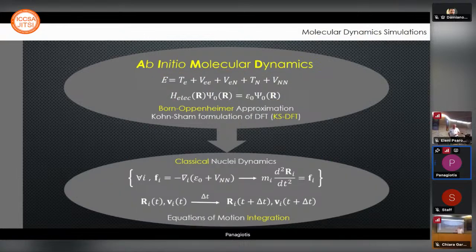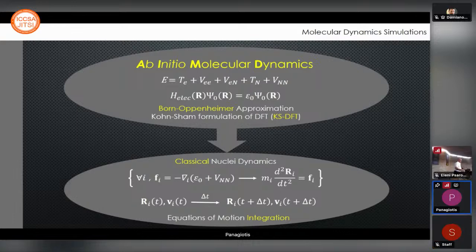Anyway, in ab initio dynamic simulations, we still have to rely on classical mechanics, because the nuclear dynamics still depends on the integration of the classical equation of motion. But this is not a rough approximation, because in the ab initio simulations, the potential that the nuclei experience is the correct quantum potential.